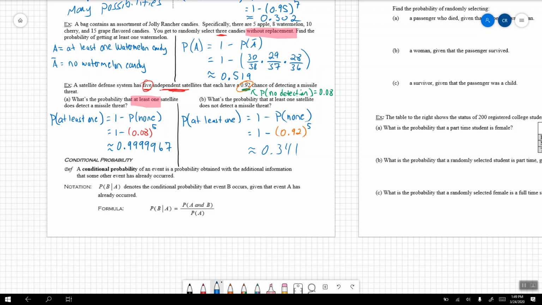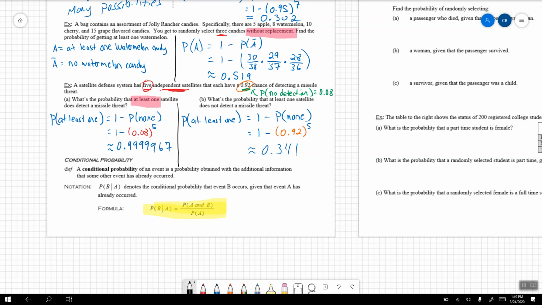We list one event happening, and once that event has happened, we see what the probability is of a different event occurring, given that a previous event has already occurred. We do have a formula for this. The formula that we typically use is listed here.